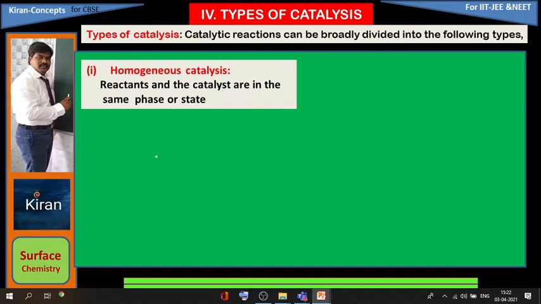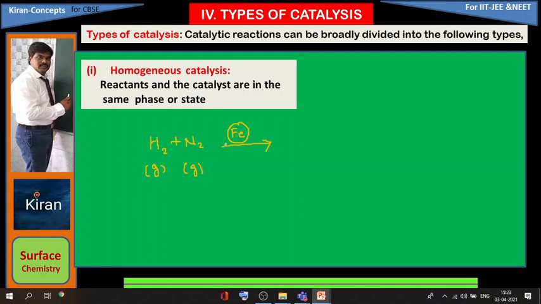For example, H2 plus N2. Both are gases. This is hydrogen gas, and this is nitrogen gas. Here I am using one catalyst. For example, iron is used as a catalyst.